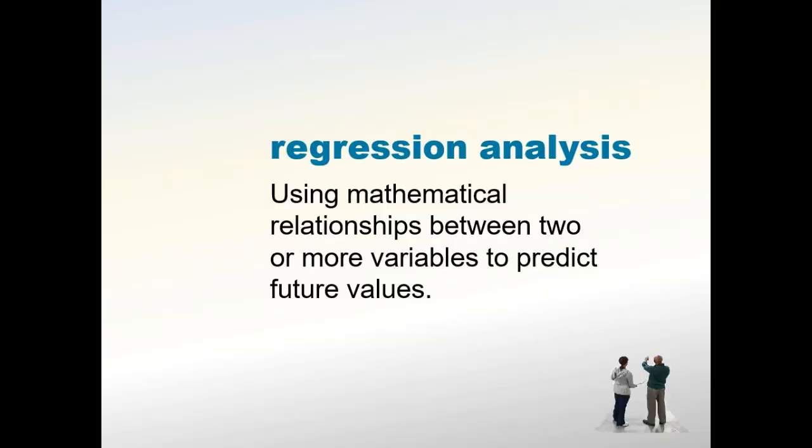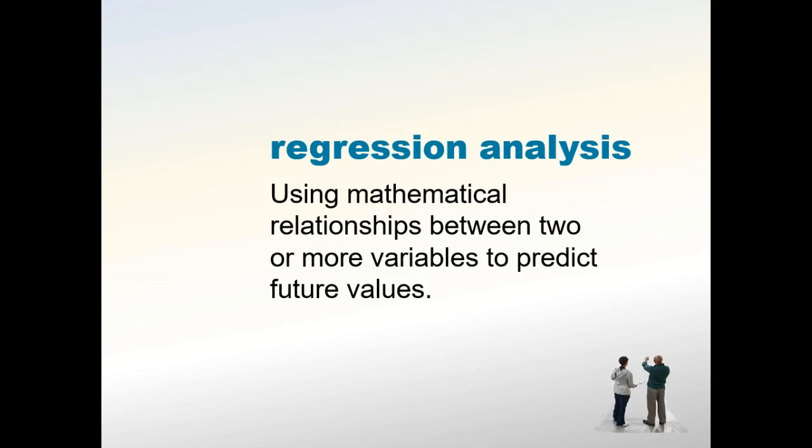Now, a regression analysis clarifies relationships between a dependent variable and one or more independent variables. So linear regression focuses specifically on the paired relationship of a dependent variable and one independent variable.